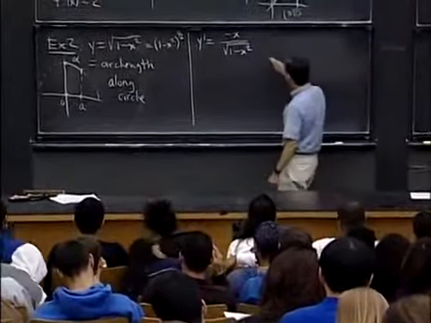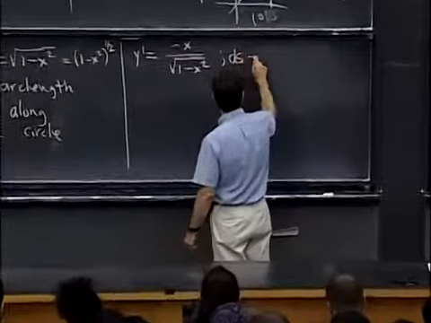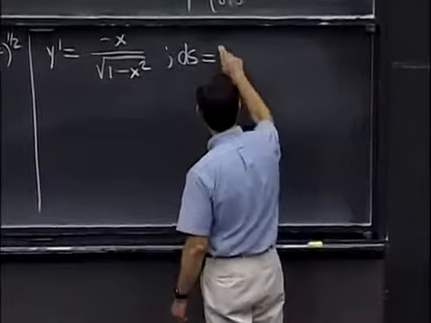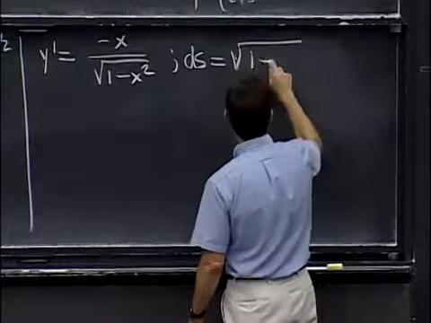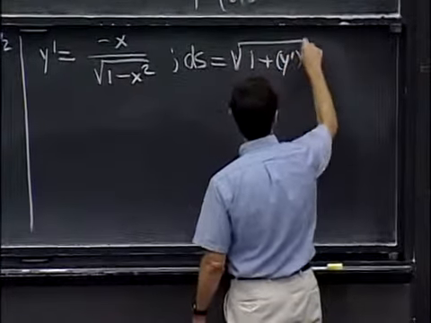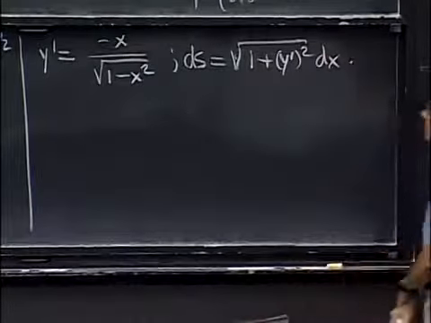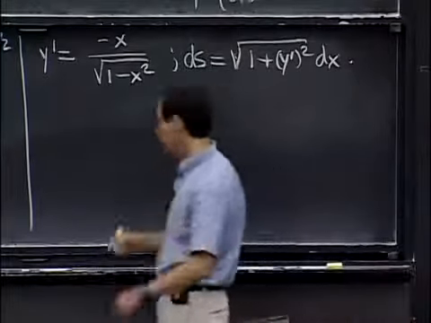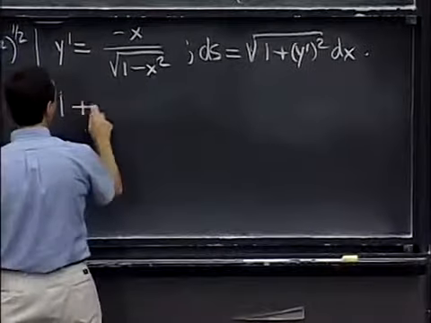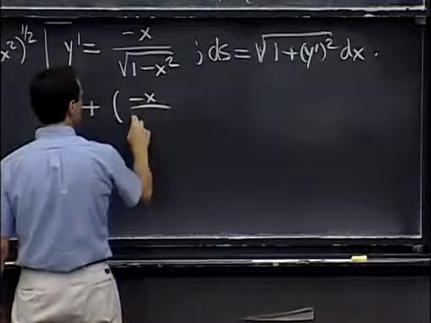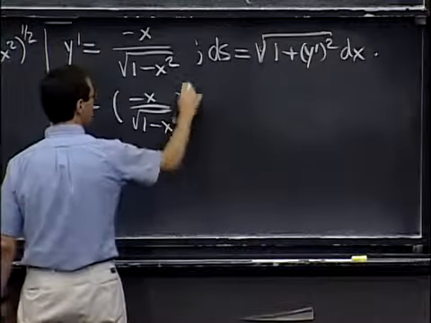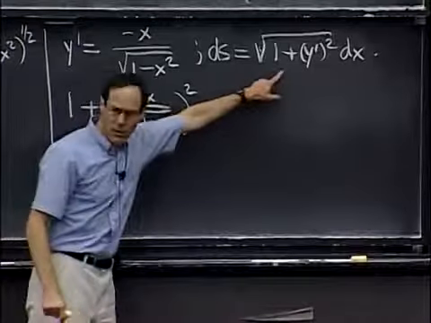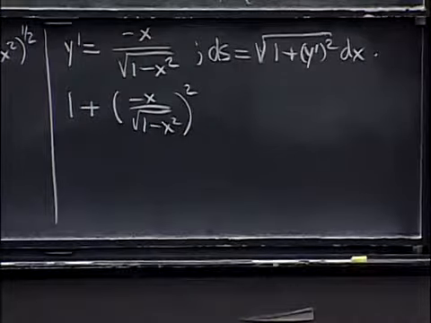Now the thing that we have to integrate is this arc length element, as it's called, ds, and that's going to be the square root of 1 plus y prime squared dx. So I'm going to have to carry out some messy calculation here, which is that this is 1 plus the quantity minus x over square root of 1 minus x squared, squared. So I have to figure out what's under the square root sign in order to carry out this calculation.